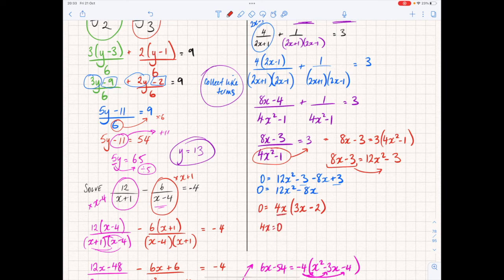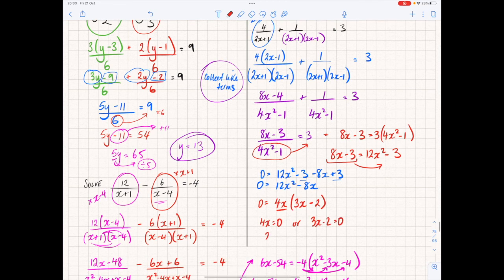So that effectively is one of your brackets, or 3x minus 2 equals 0. So therefore x is equal to 0 divided by 4, which is 0. 3x is equal to 2. And then x is equal to 2/3. Okay, so 2 over 3. These are your two solutions.